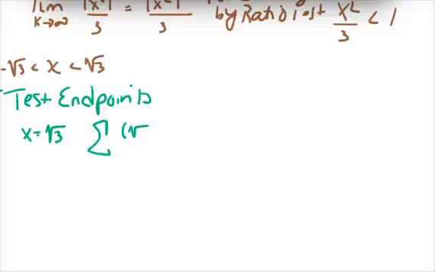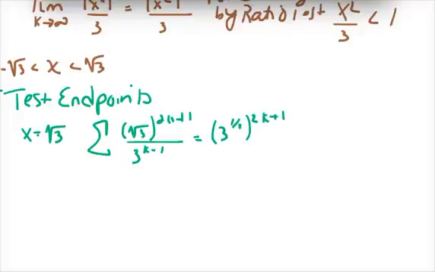You get square root of 3 to the 2k plus 1 over 3^(k-1). And I'm going to rewrite the root as an exponent so that I can show you how to apply the algebra: 3^((2k+1)/2) over 3^(k-1).